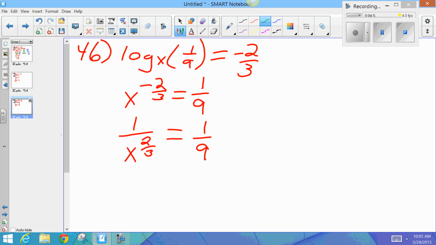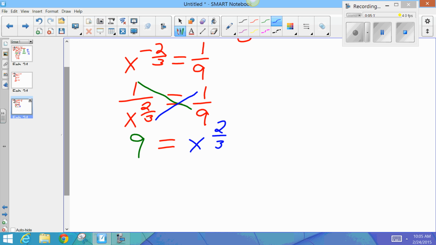So 9 times 1 is 9, and x to the 2/3 times 1 is x to the 2/3. Okay. All right. So again, this is not really very hard from this stage in, but I know that you don't have a lot of experience with this type of problem.